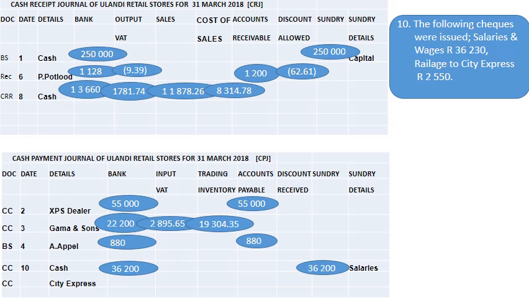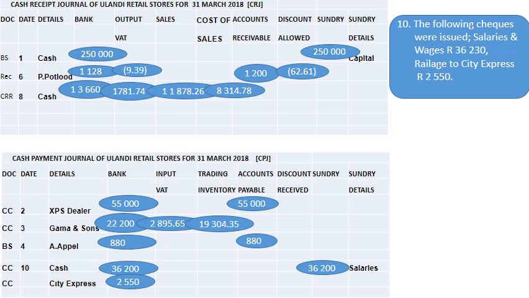The next item, which is a check which was issued for Relage, the source document for the transaction will also be a check counterfoil dated the 10th, issued to City Press. The amount is 2,550.